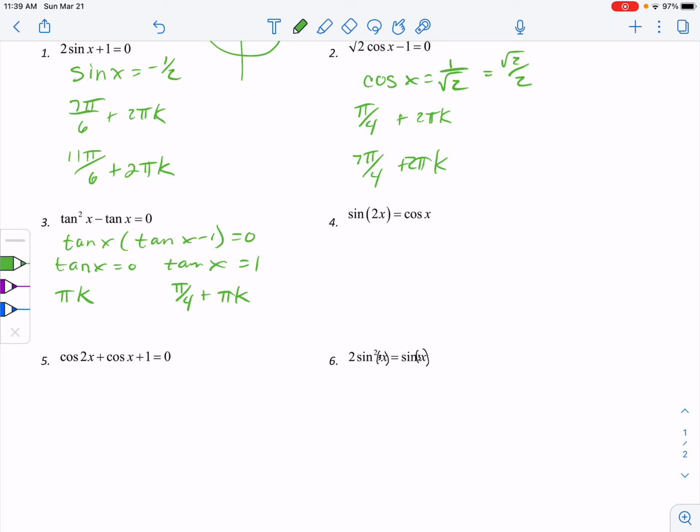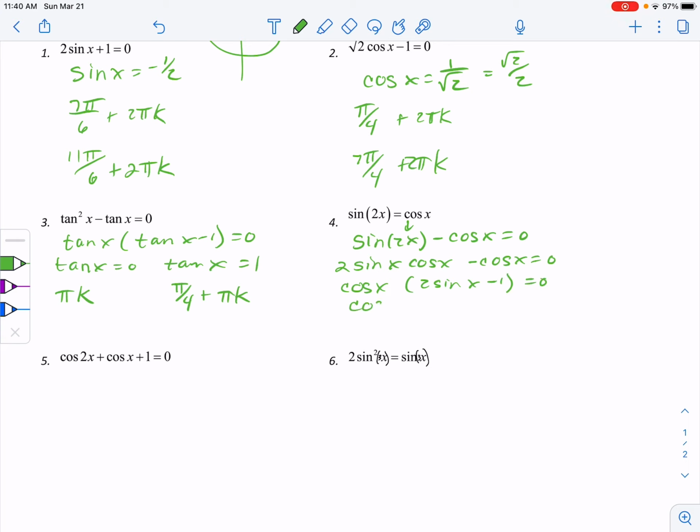All right. This one, you always set it equal to 0. Then this is a double angle, so I'm going to substitute my double angle identity: 2 sine x cosine x minus cosine x. Now factor out the cosine, and you get cosine x times 2 sine x minus 1.